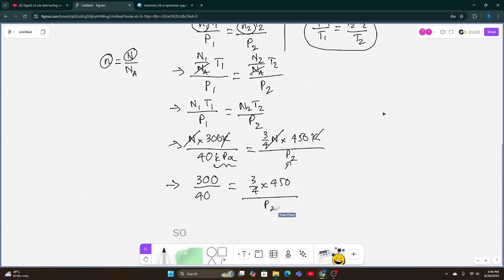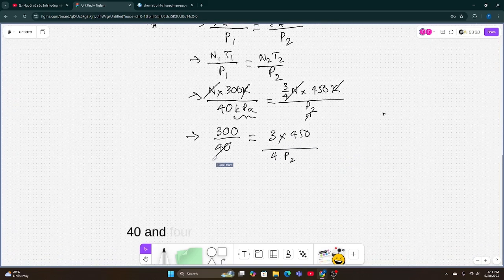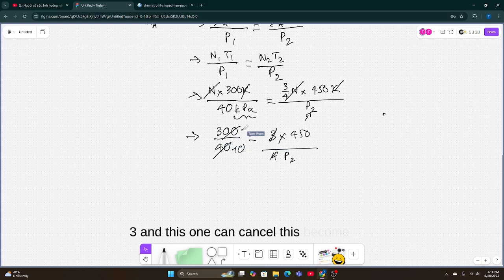All right. So I will try to solve for you guys without a calculator, right? I can rewrite the 3 over 4 like this. 40 and 4 can cancel. This becomes 10, right? 3 and this one can cancel. This becomes 100. 100 divided by 10 is 10, which is equal to 450 over P2.